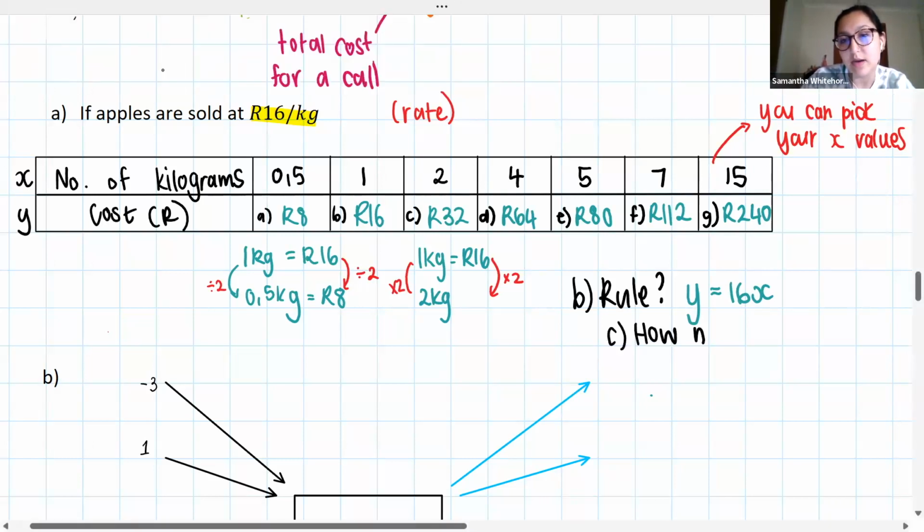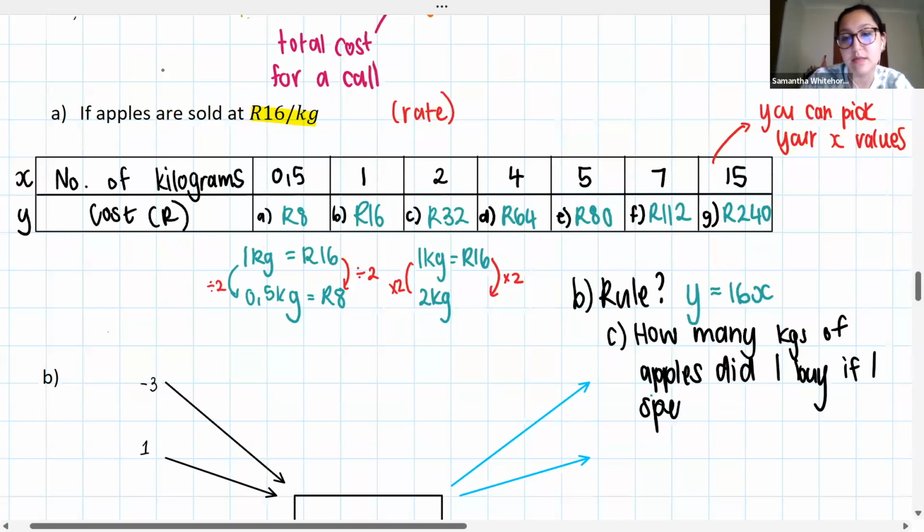How many kilograms of apples did I buy if I spent 288 rand? So that is your final question to end off.